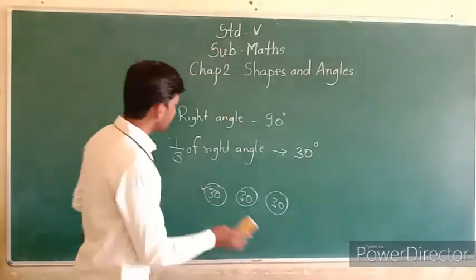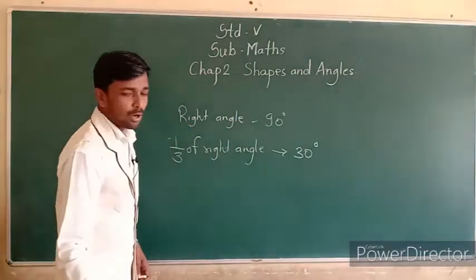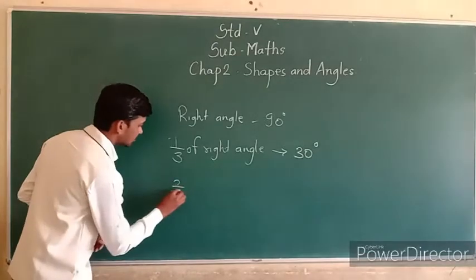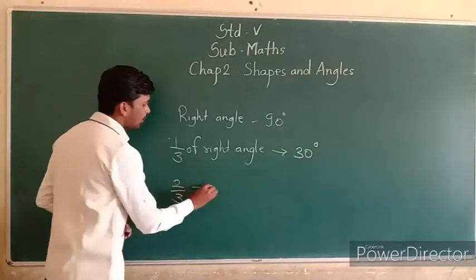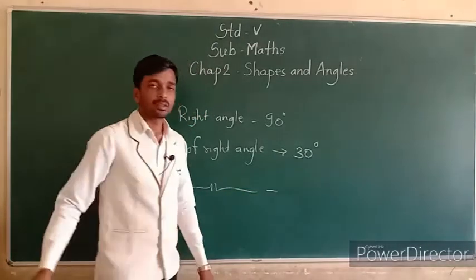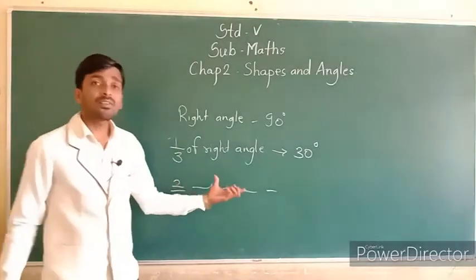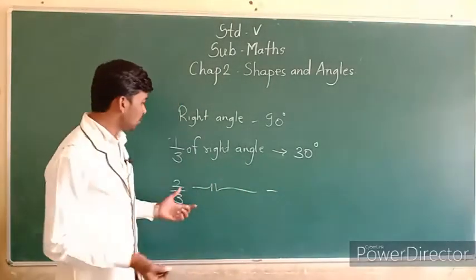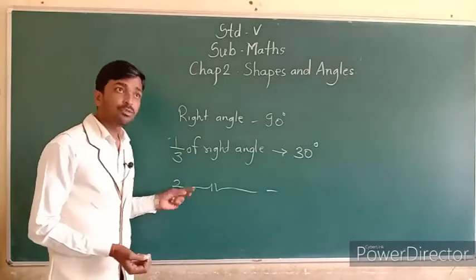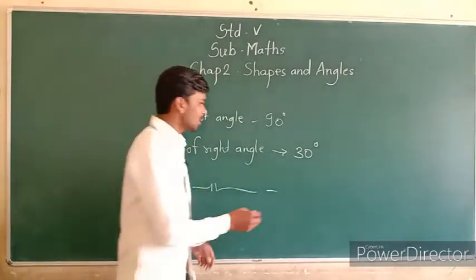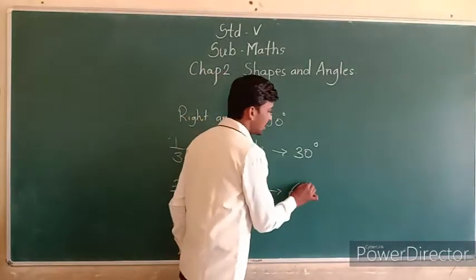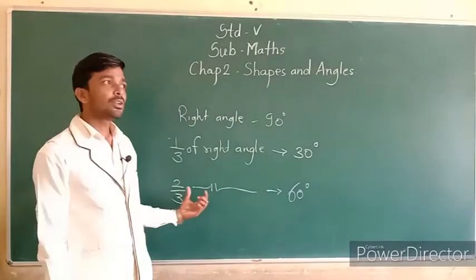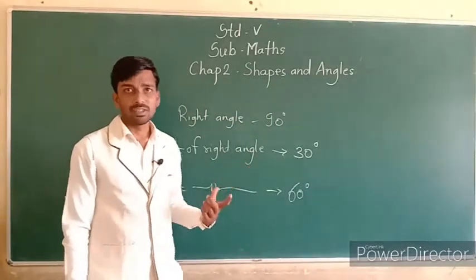So you can tell me, 2/3 of a right angle means what? 2/3 means in those 3 equal parts you take 2. Correct, 60 degree. 2/3 of a right angle means 60 degree.